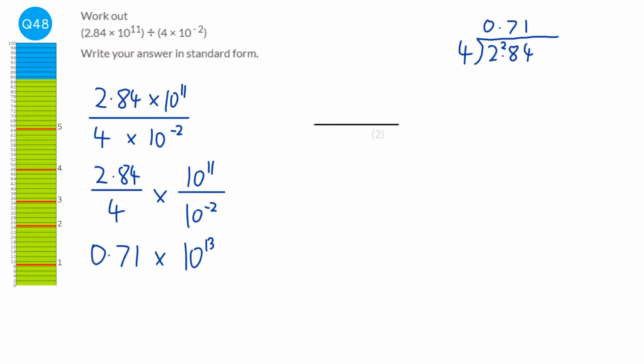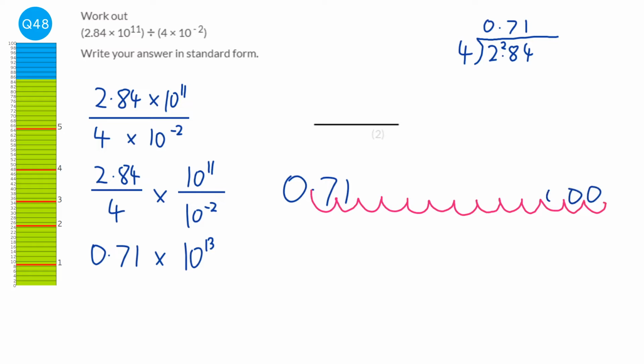Now we've got a bit of a problem here because standard form must have a number between 1 and 10, and not including 10, at this position here, and this is obviously less than 1, so we need to convert this into standard form. So what we can do is just write the number out again. So I'm going to write this as an actual number, so it's 10 to the power of 13, so it would be 1, 2, 3, 4, 5, 6, 7, 8, 10, 11, 12, 13, fill in the zeros.